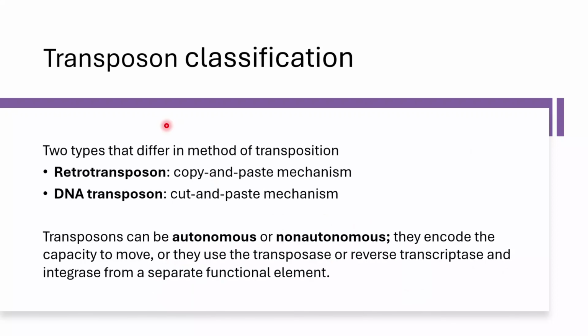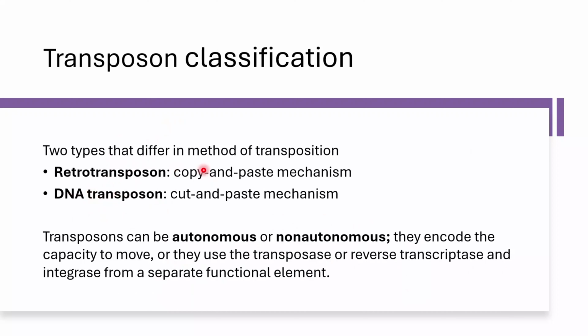There are 2 types. The major one that is actually active right now in your body is the retrotransposons. The DNA transposons were usually active more in the past, so basically earlier during evolution.